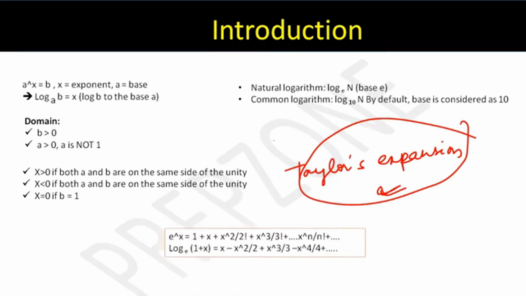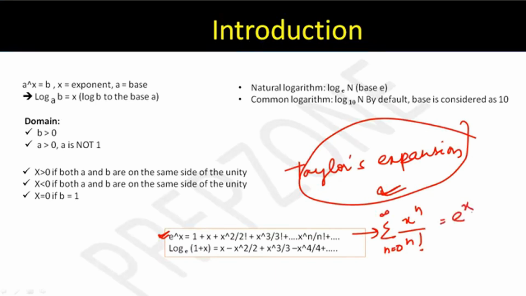These are the 2 Taylor expansions. e to the power x is the same as 1 plus x plus x square by 2 factorial plus x to the power 3 by 3 factorial, and so on. The generic term of the e to the power x expansion is x to the power n upon n factorial, and this is a summation where n goes from 0 to infinity.